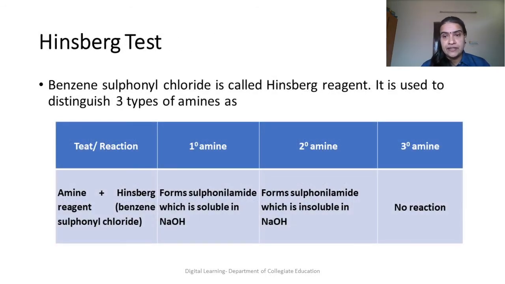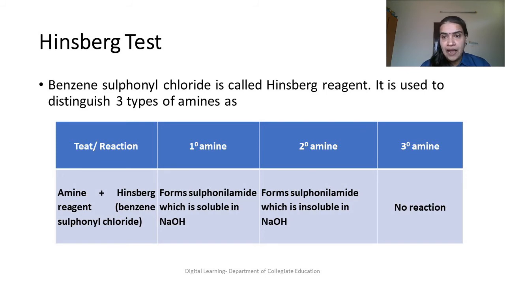It is a very important test where the Hinsberg reagent is benzene sulfonyl chloride. Benzene sulfonyl chloride is termed as Hinsberg reagent, which can also be used to identify whether the amine is primary, secondary or tertiary. So what will happen when a primary amine is reacted with benzene sulfonyl chloride?